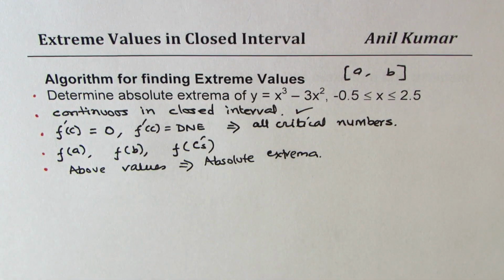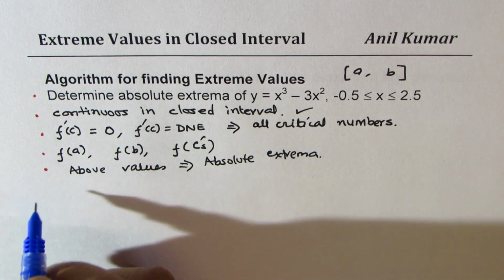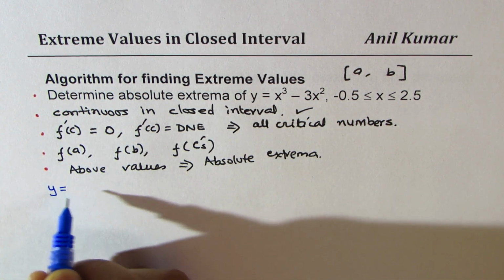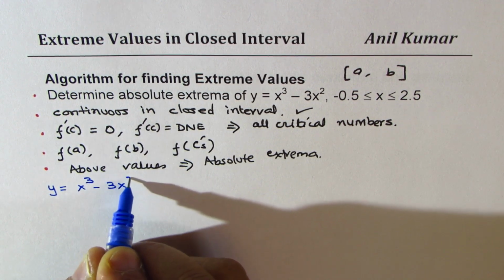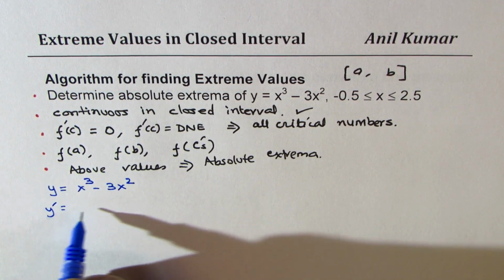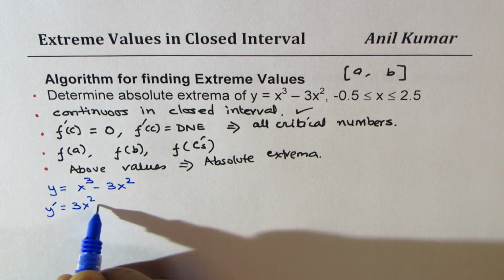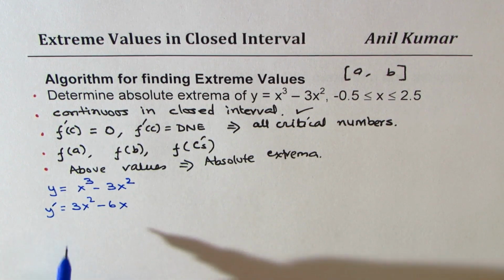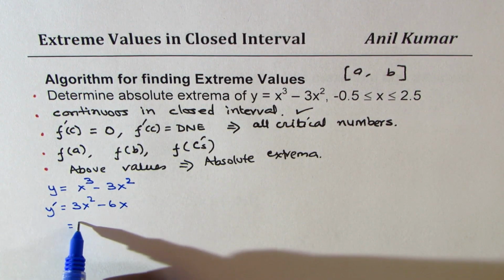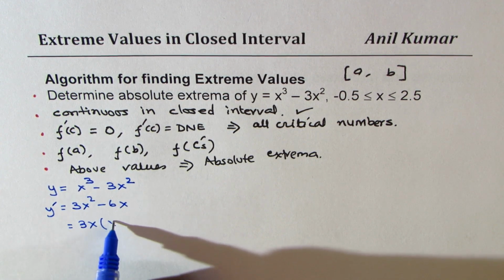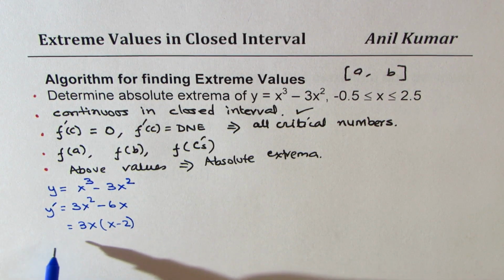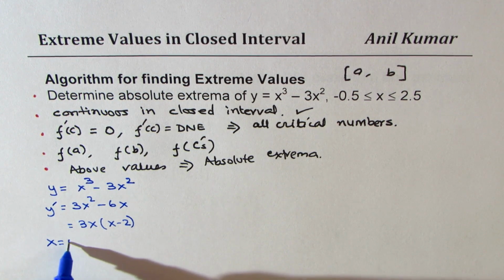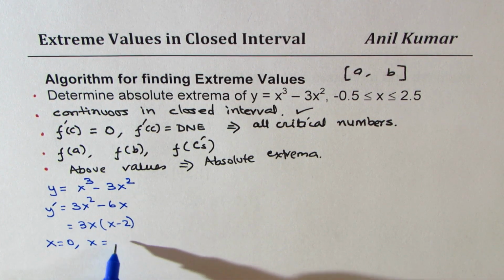So let's perform all these operations on the function, which is y equals x cubed minus 3x squared. So the derivative of this function is 3x squared minus 6x. You could actually factor 3x. You get x minus 2. So the critical numbers are x equals 0 and x equals 2.